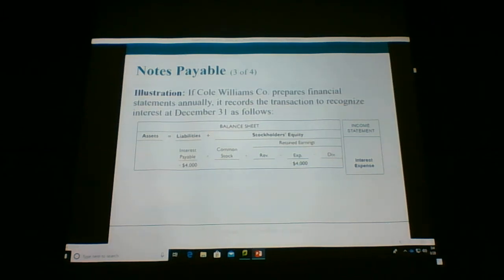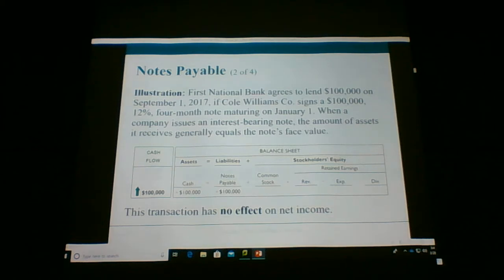But let's jump back a couple of slides, let's jump back one slide. It says that they borrowed $100,000 at 12% interest. Well, 12% times $100,000 is $12,000, yes? Yes. But they only borrowed that money for a 4-month period of time.